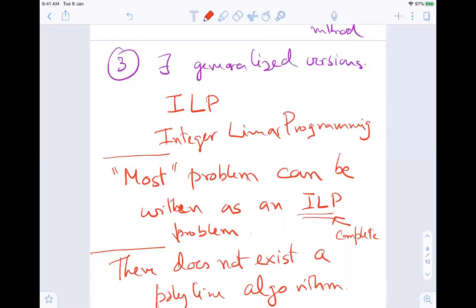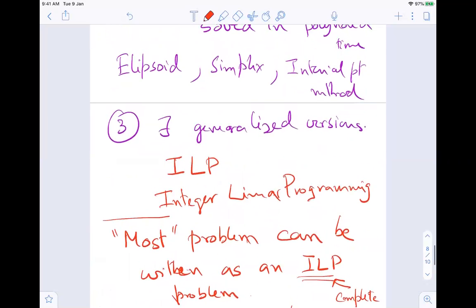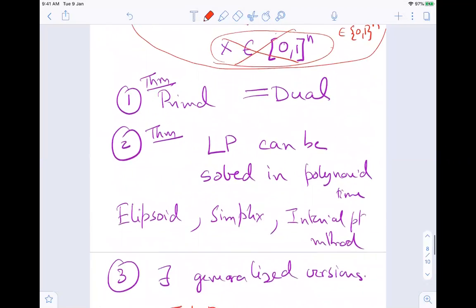I will mathematically and formally define what a complete problem is next week. It is the hardest problem in a class of problems, and we don't know how to solve it. And this will be the main focus of ours next week.